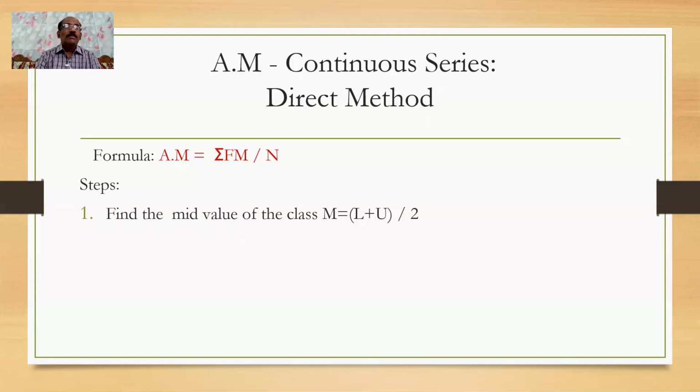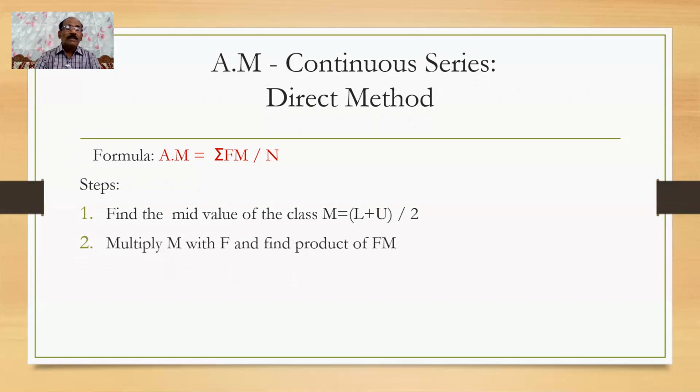That is, m is equal to (L plus U) by 2. L is lower limit, U is upper limit. In continuous series, the class intervals are there. The left side is treated as lower limit and the right side is treated as upper limit. In that class, you have to add the lower limit and upper limit and take the average by dividing by 2.